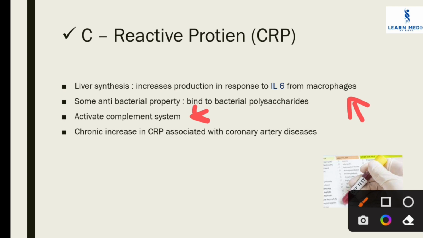A chronic increase in CRP is associated with the coronary artery. We have several tests for CRP. If CRP increases, it means there is some infection or inflammation going on. We have to understand this when examining any blood test report.